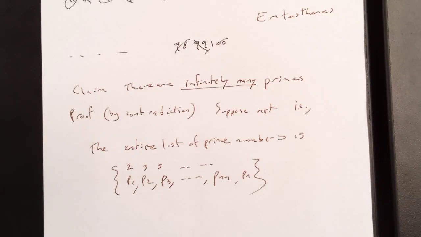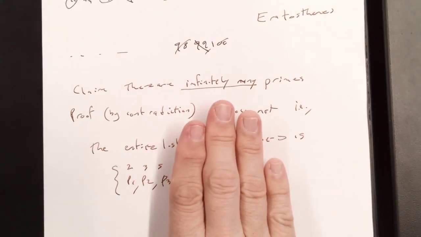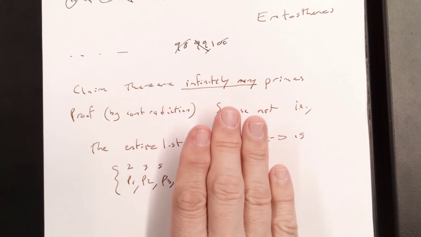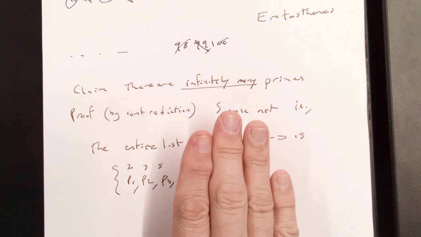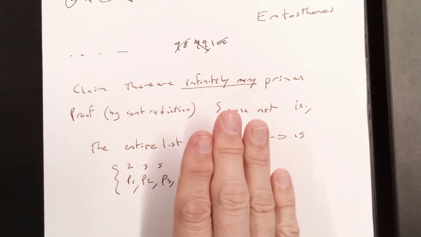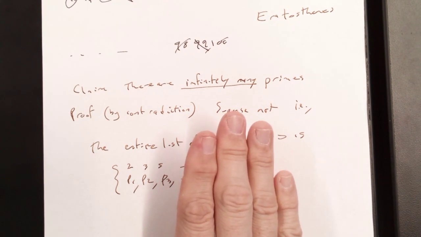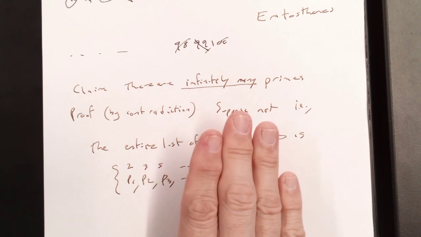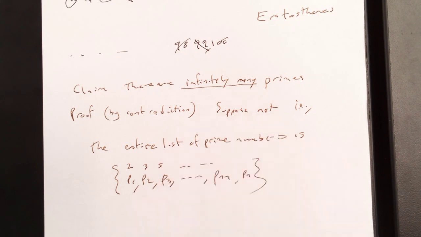If the only primes I had were 2 and 3 and 5, I could think of the number 30. 30 is divisible by 2 and 3 and 5, right? What if I took 31? Then it's not divisible by 2, it's not divisible by 3, it's not divisible by 5. I have more primes. Here's a new number.